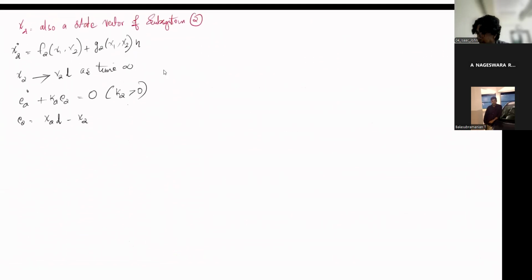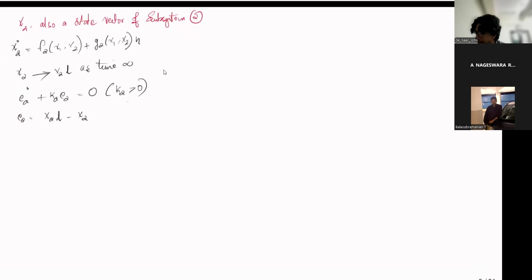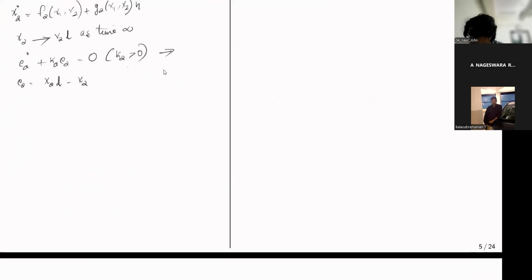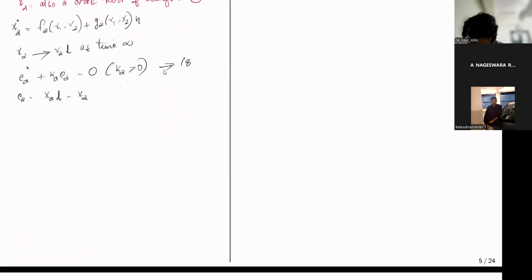Okay, so now just like what we did with the previous equation, we'll replace E2 dot with x2 desired dot minus x2 dot in equation 8.